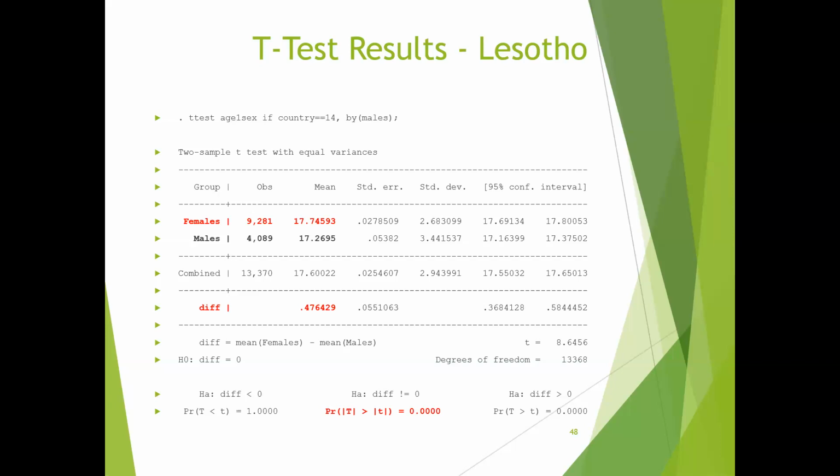Let's look at Lesotho. You are 95% confident that 0.476 lies between 0.368 and 0.584. Yes, the mean difference lies in that confidence interval.